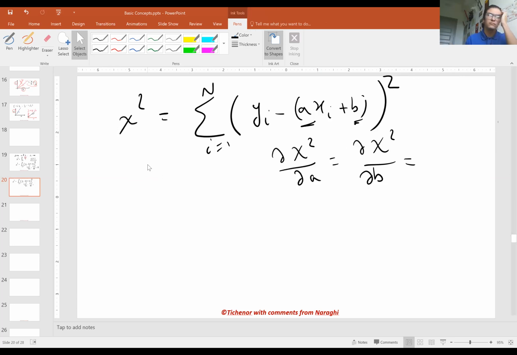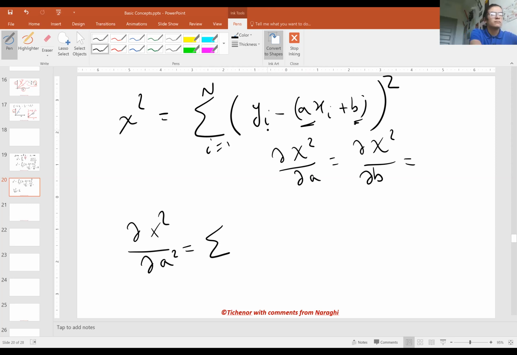The calculation of derivatives is extremely simple because the derivative of a sum is equal to the sum of the derivatives. So the first term is the sum of the derivative of the inside with respect to a.